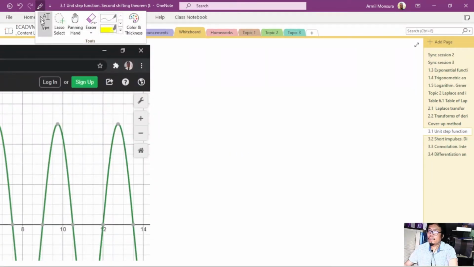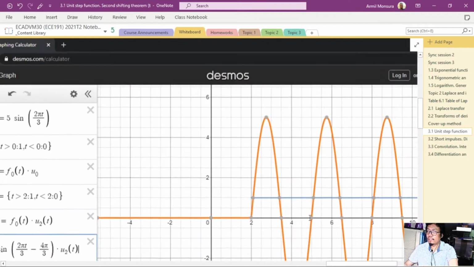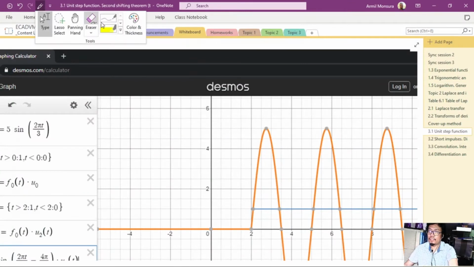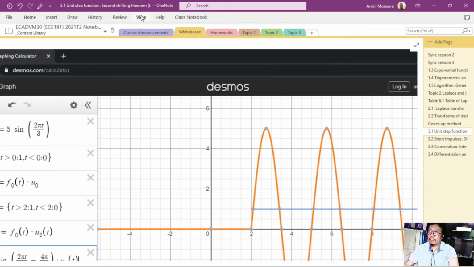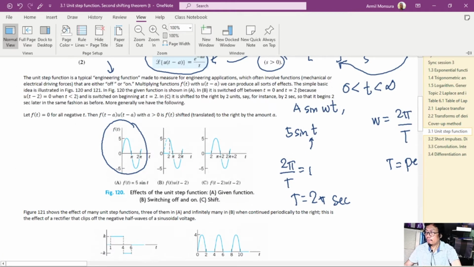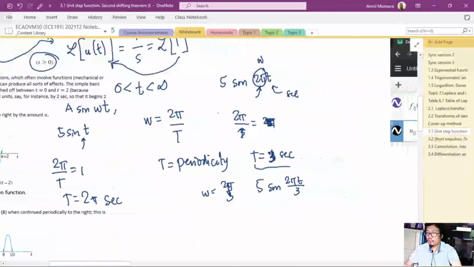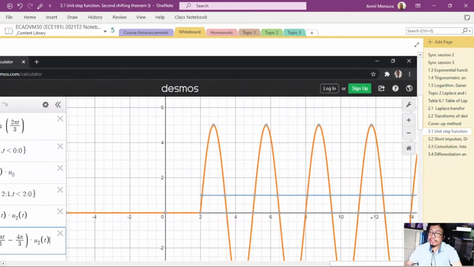As you can observe, this orange waveform is what we now consider as f of t minus 2 times u of t minus 2. That's how we interpret this graph.